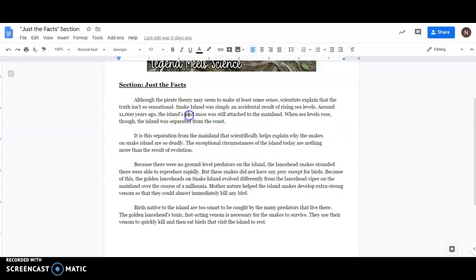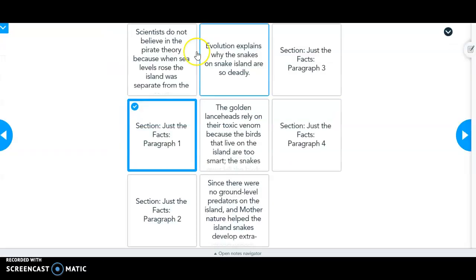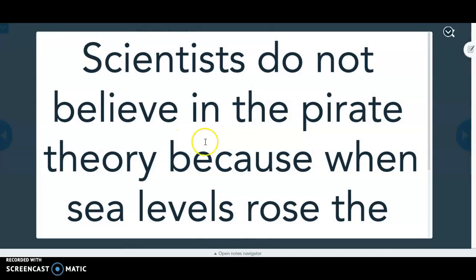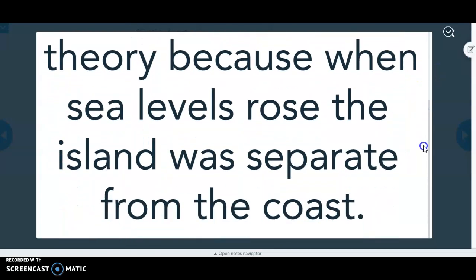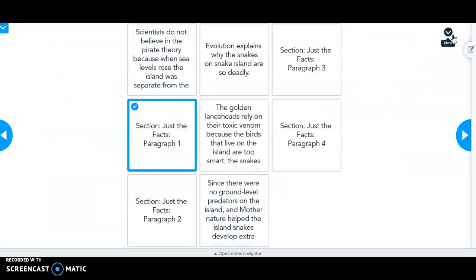Paragraph 1 really talks about how Snake Island was formed. So let's open this box up. It says scientists do not believe in the pirate theory because when sea levels rose, the island was separate from the coast. Okay, so that sounds like it could be our definite statement for this. Okay, this box right here.